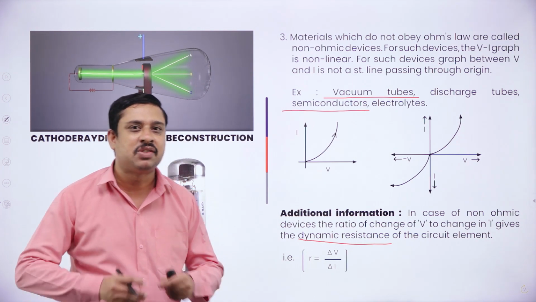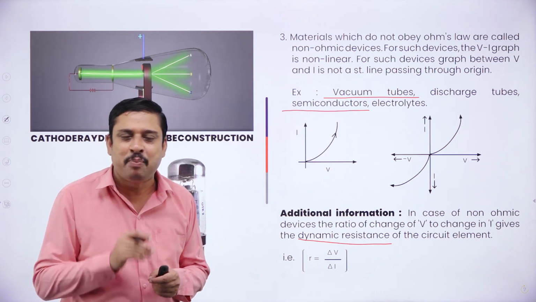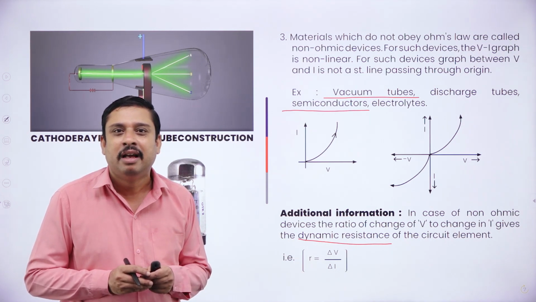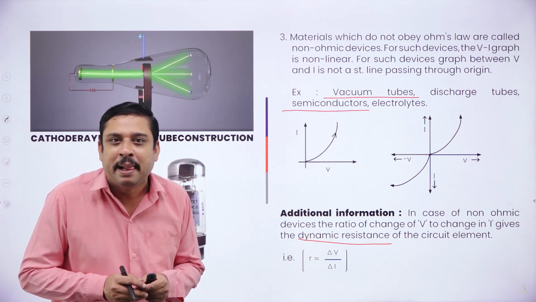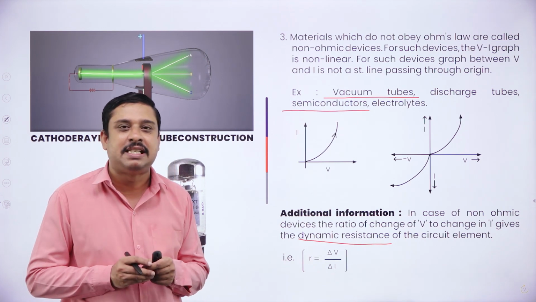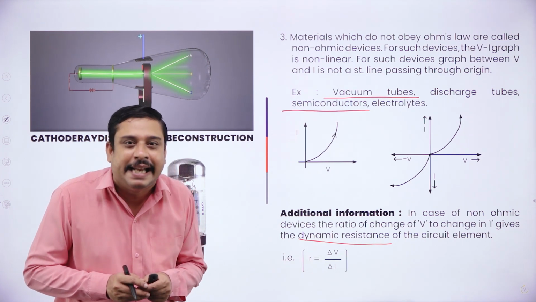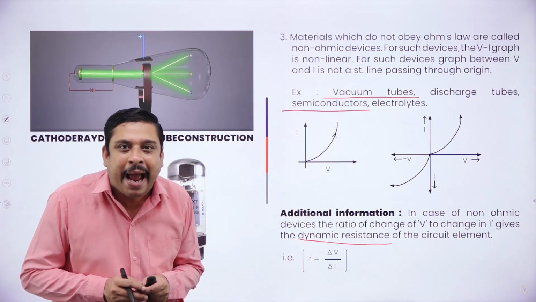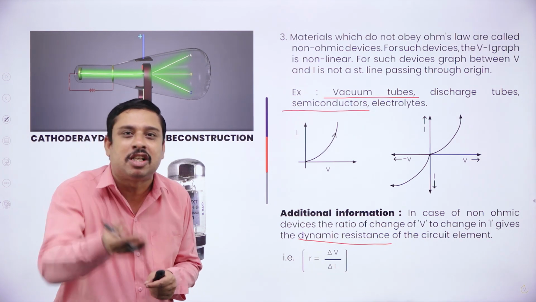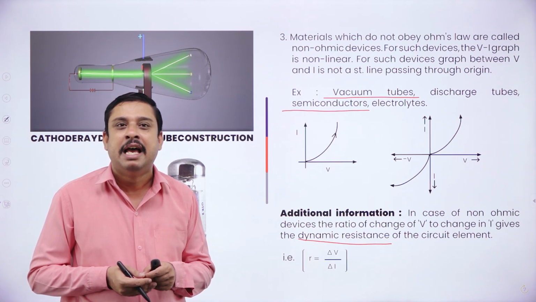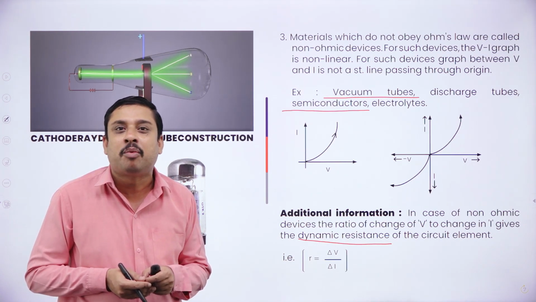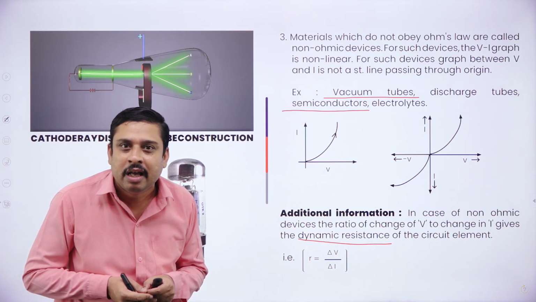So my dear friends, today we established the alternative form of Ohm's law, conductivity, which was the reciprocal of resistivity, current density, magnitude of current flowing through unit cross-sectional area, J equals sigma E, an alternative form of Ohm's law.